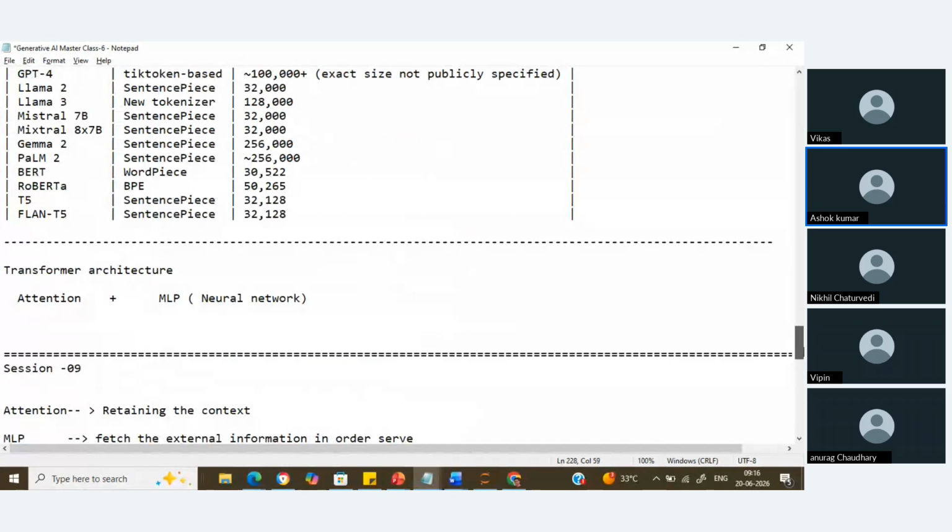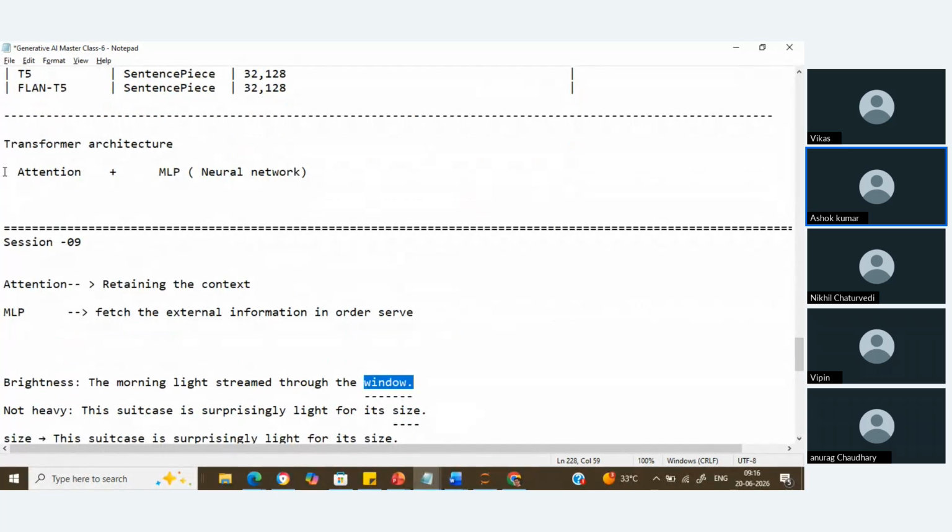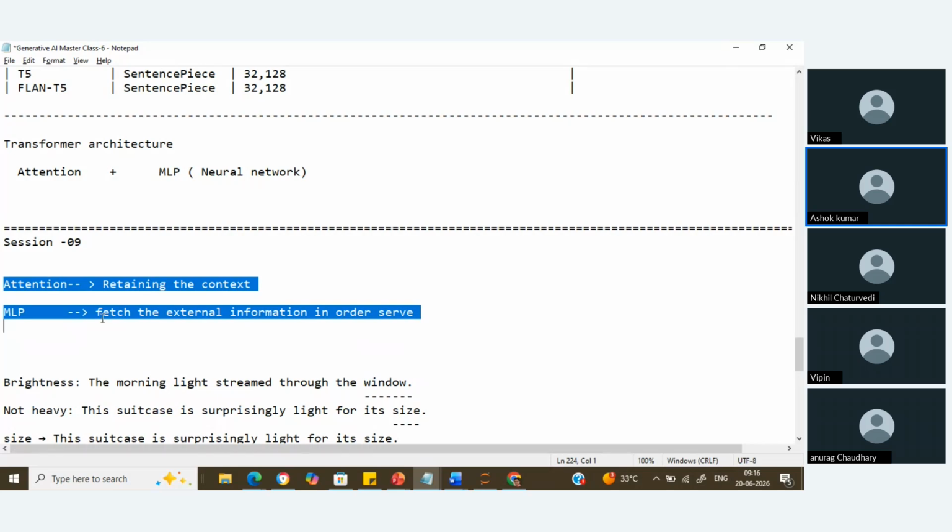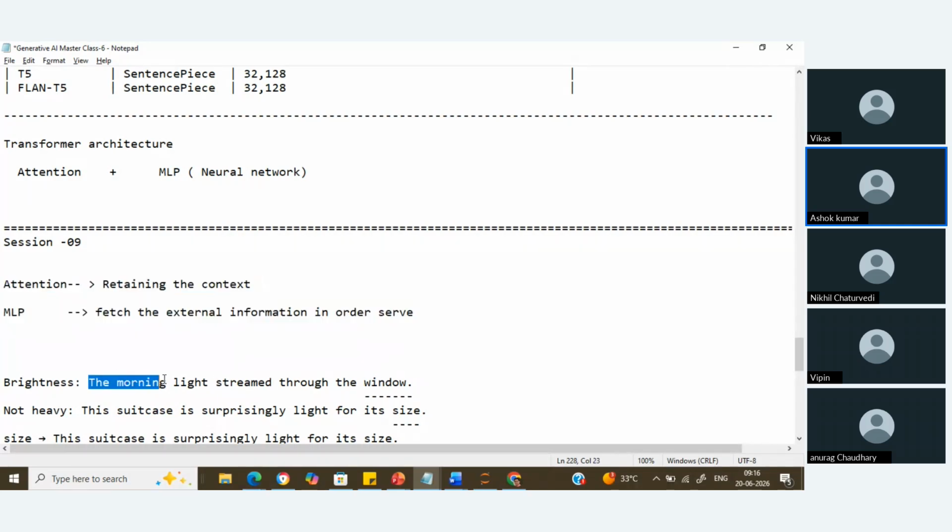So I'm going to break these two components into two different tasks. Attention: if you have one sentence, retaining the context of that sentence, paragraph, essay, whatever you want to take, is the task of the attention block.